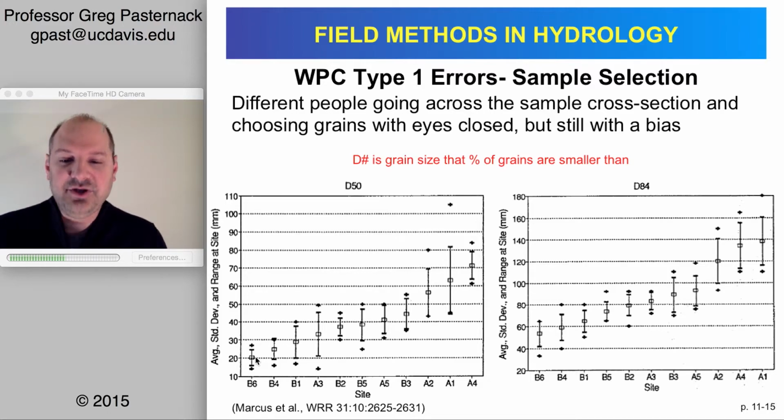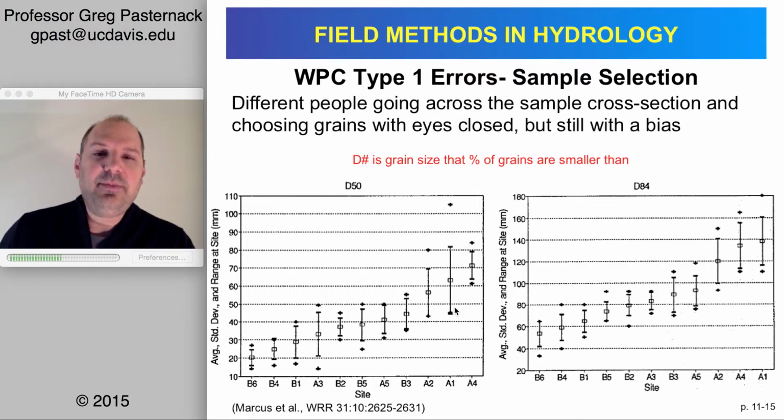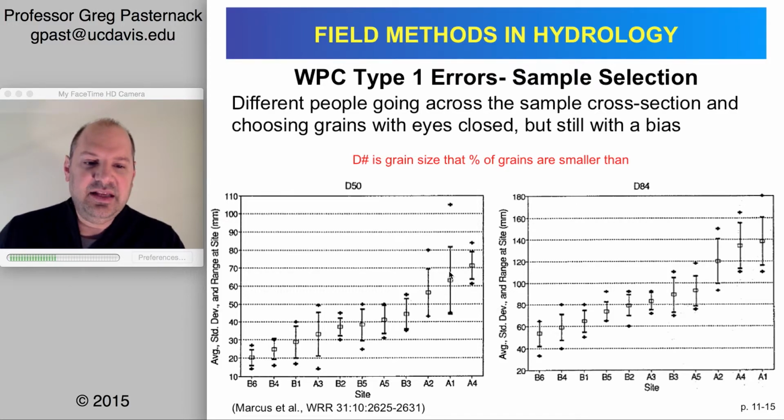Many people measured the median grain size, and each person measured their own median size. If we take the distribution of what all the different people got, the square shows the average value, and then you can see the range and outliers for that. There is a pattern here where as the size gets bigger and bigger, you generally have a wider range of what people identify as the median size.